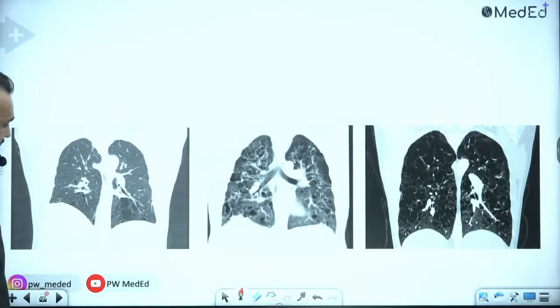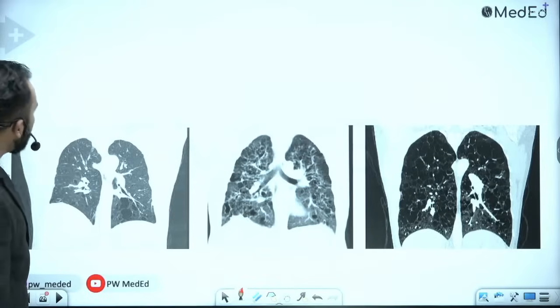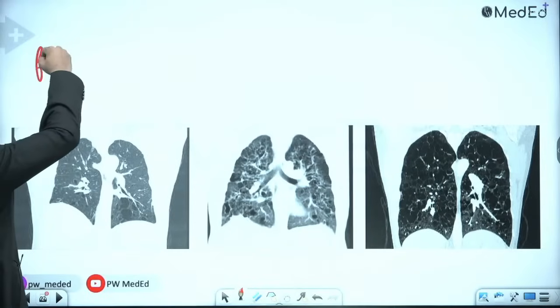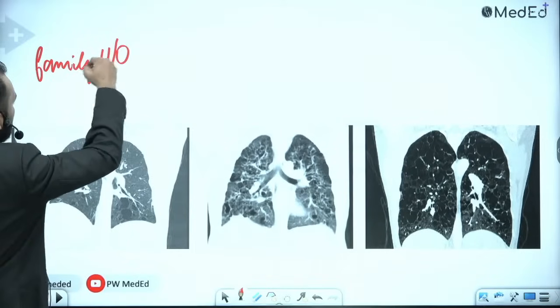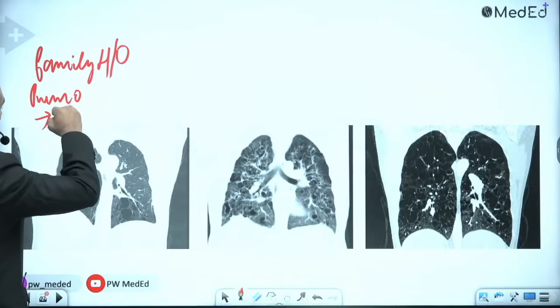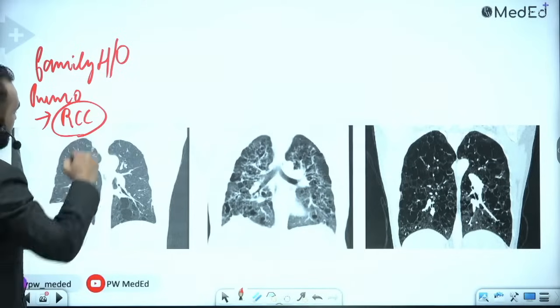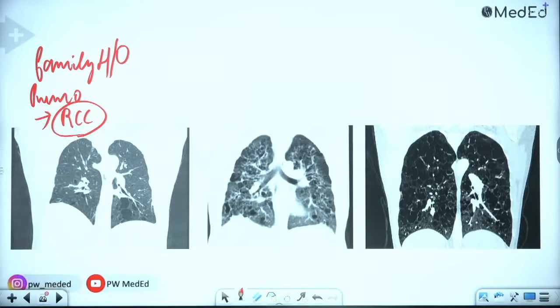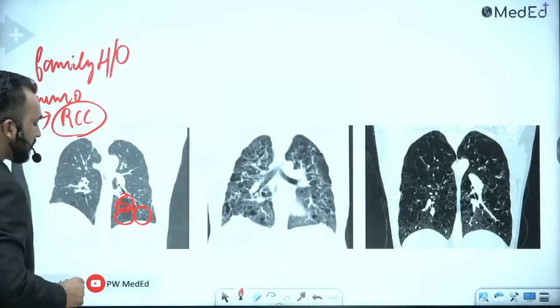In the first case, the patient will have a family history of pneumothorax, and a family history of RCC, and you are seeing cysts in the lower lobe.